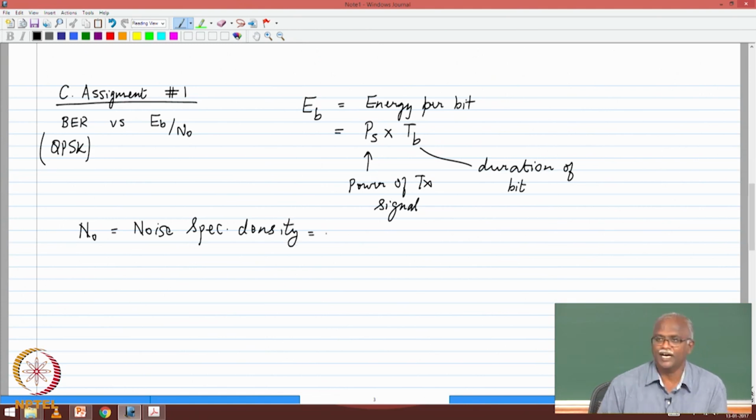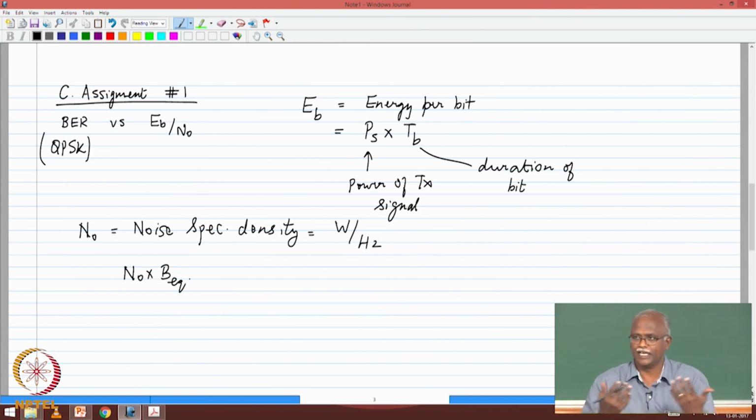Now comes the intuition part. So, this is in watts per hertz. That's our units, watts per hertz. Now, if I have a certain noise power that I measure in my receiver, how is that related to N naught? And that's a very important element, because N naught, noise spectral density, times the equivalent bandwidth, that refers to the property of the receive filter, will correspond to my noise power.